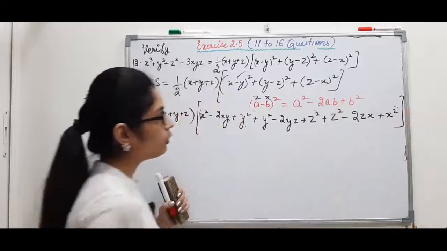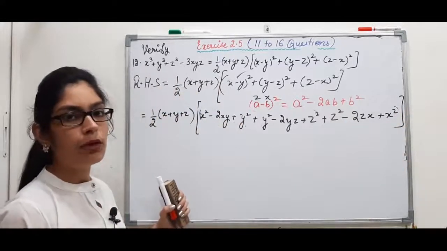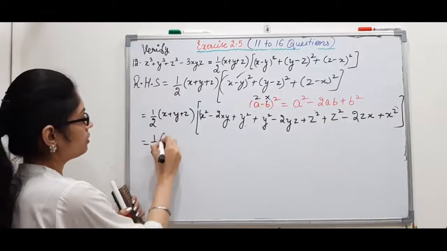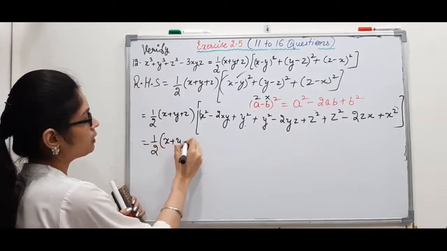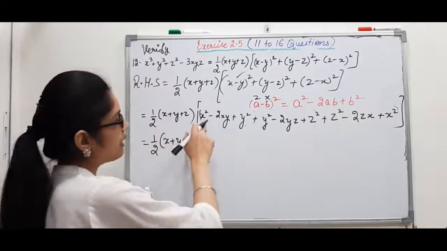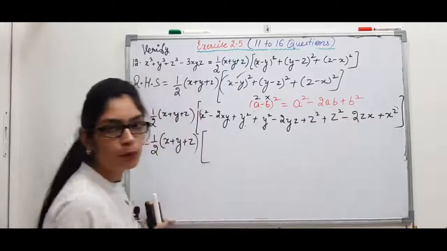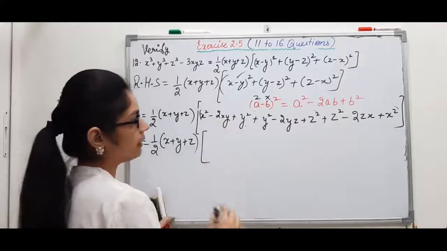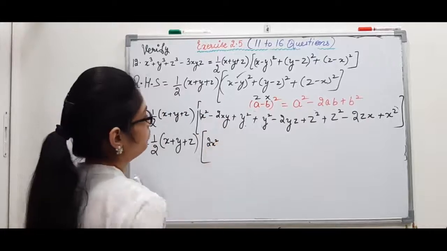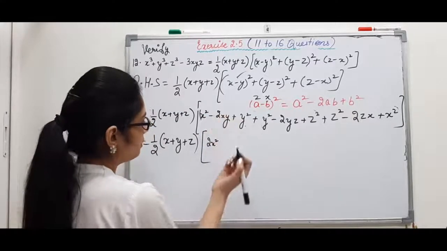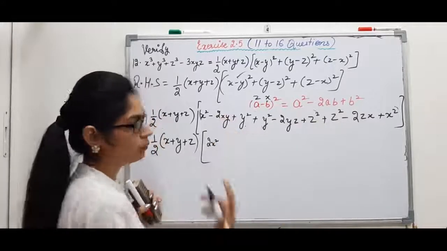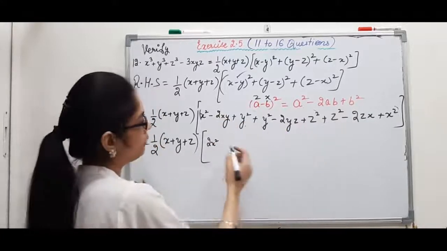Now let's find out if any like terms are there, because like terms can be added and subtracted. This term we can write as it is, x plus y plus z. Here x square and x square are like terms, so we can add them: x square plus x square is 2x square. Now this term, 2xy, no like term is there, so we write it as it is.